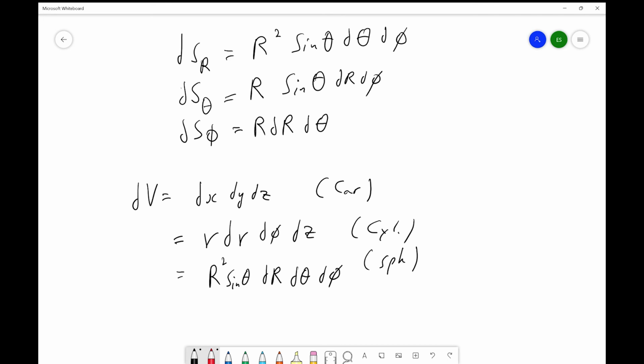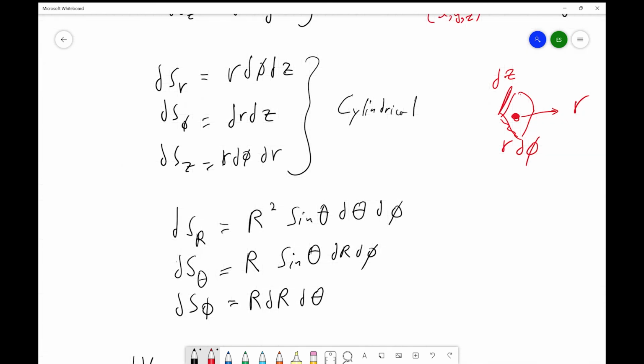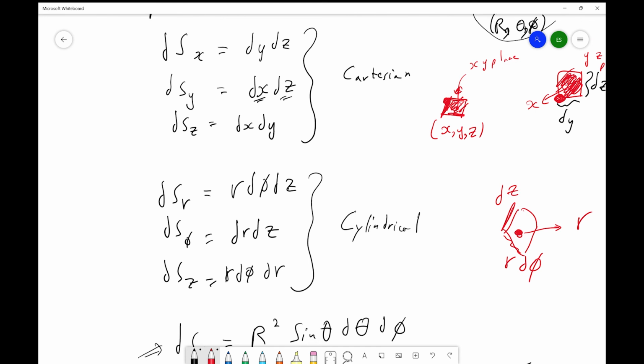One last point I want to make. Notice that the surface element always comes in three flavors. So it seems that any small surface can have three different orientations. But what if I have a general surface that has any random orientation? Here, I'm sticking to surfaces that are oriented towards the r-axis or theta axis or phi axis, or towards the x-axis, y-axis or z-axis.